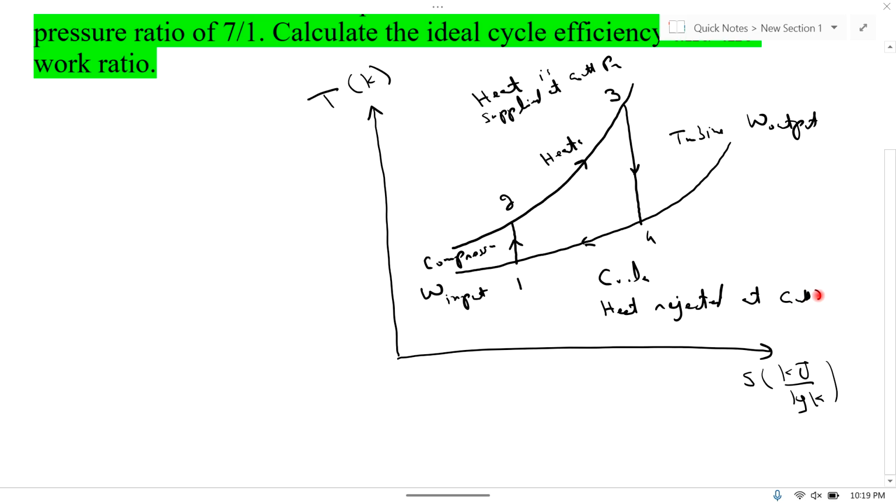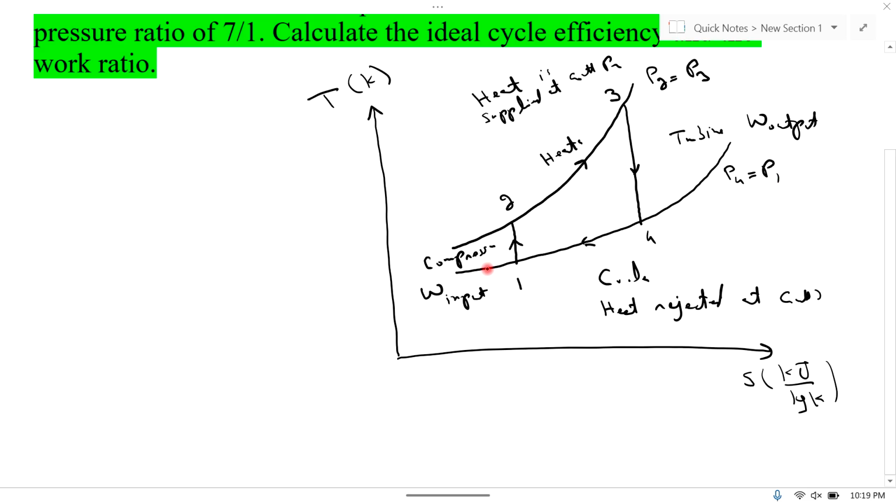It means that 2 to 3 is a constant pressure process, so P2 is equal to P3, and 4 to 1 is a constant pressure process, so P4 is equal to P1.